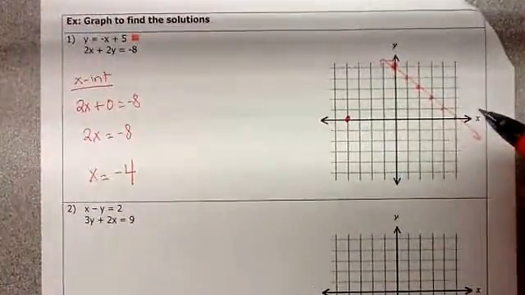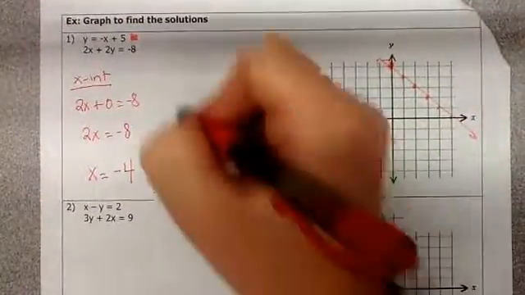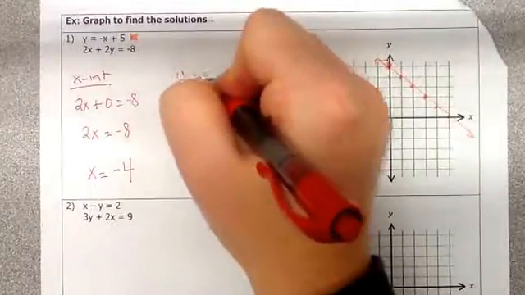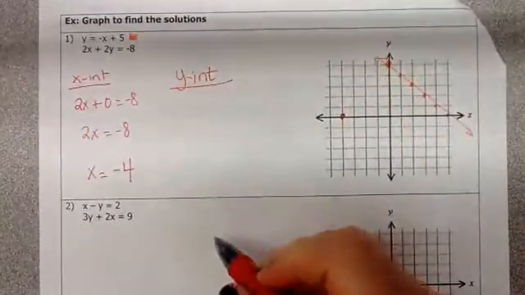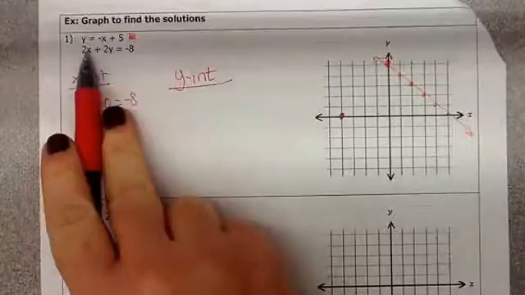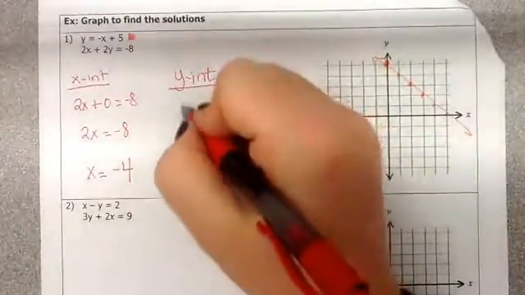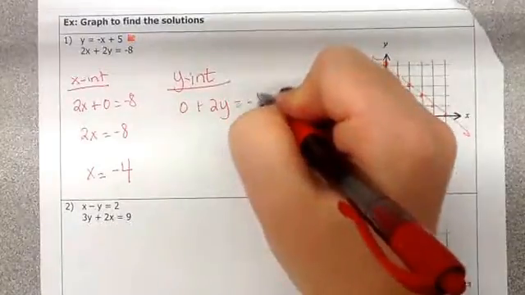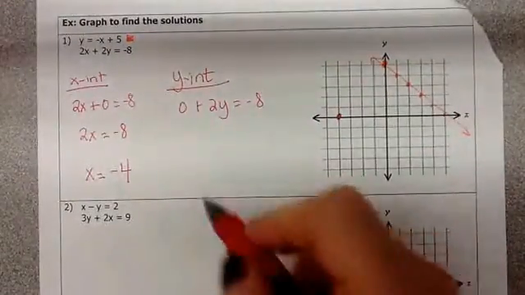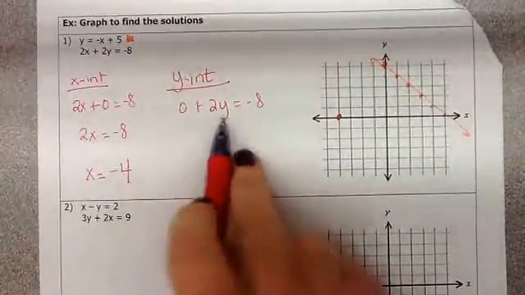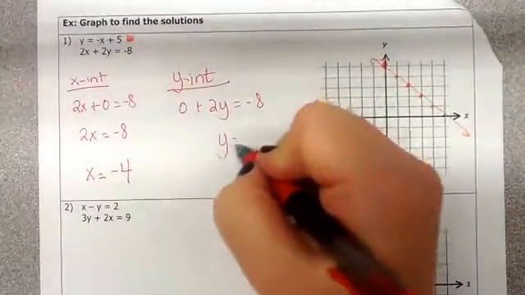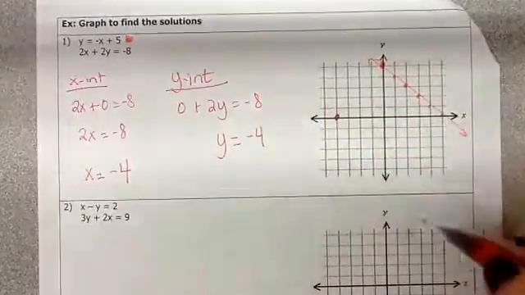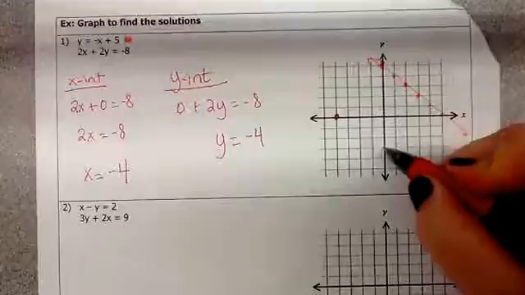And now how do I find the y-intercept? Plug 0 in for x. So 0 plus 2y equals negative 8. Divide by 2, y equals negative 4. So 1, 2, 3, 4.